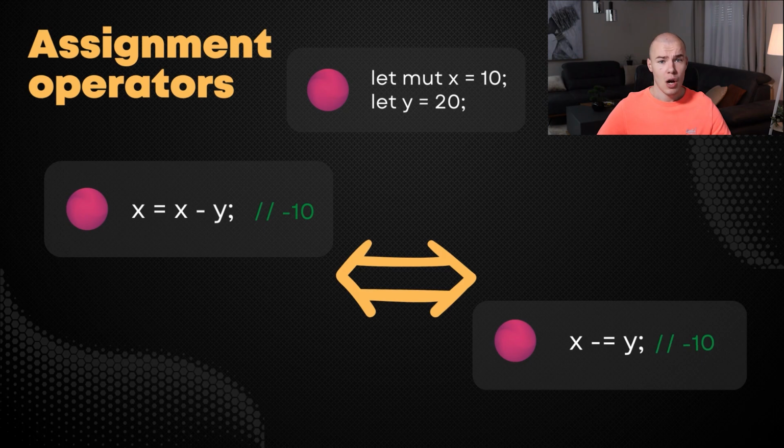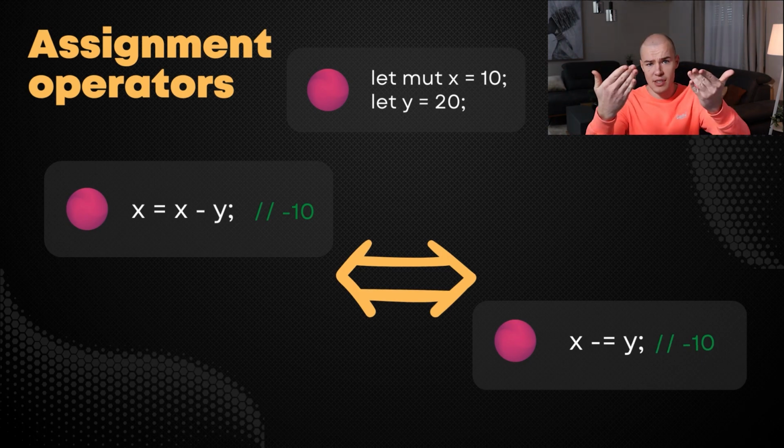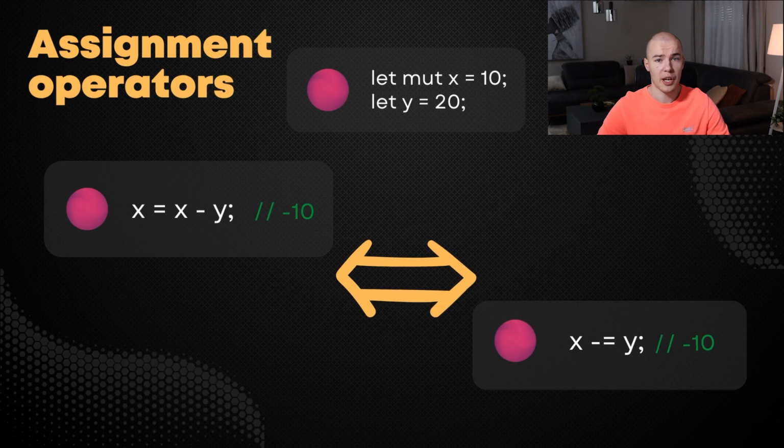And also, the shorter notation is going to be x minus equals y. And again, we're going to get minus 10 as a result, because everything is exactly the same as in the previous scenario, with the slight difference in the fact that we are going to be working with subtraction instead of addition.